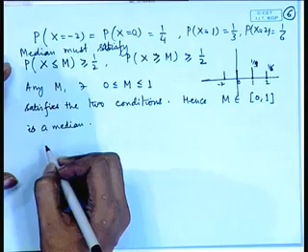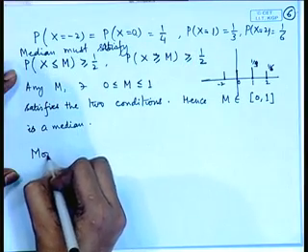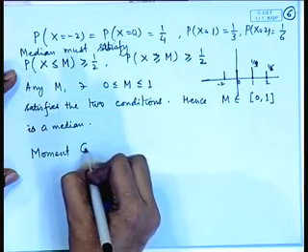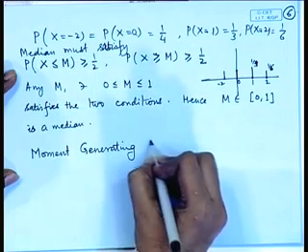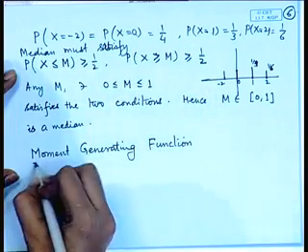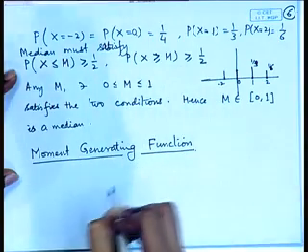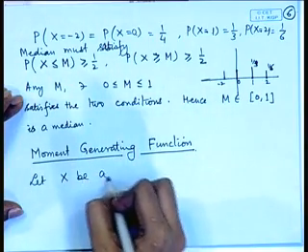There is another function called moment generating function, which tells something about the distribution. So, let us consider that. Let x be a random variable.